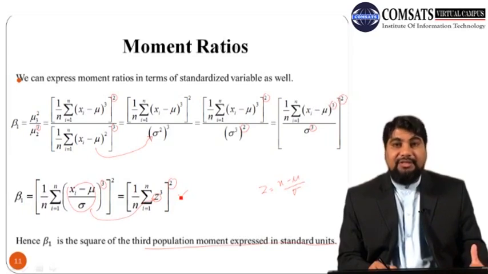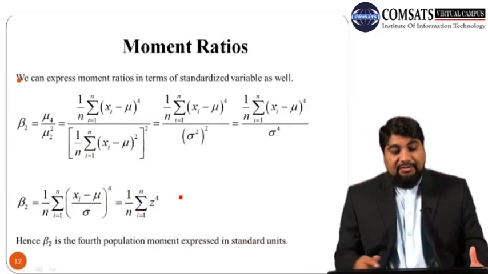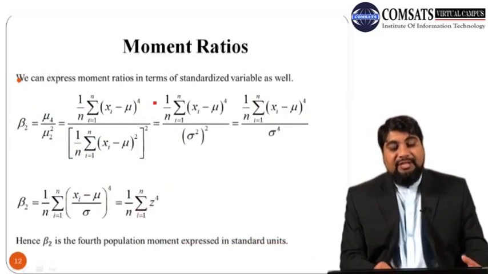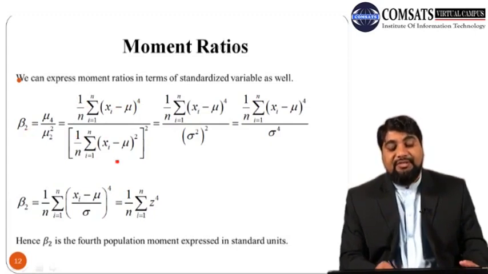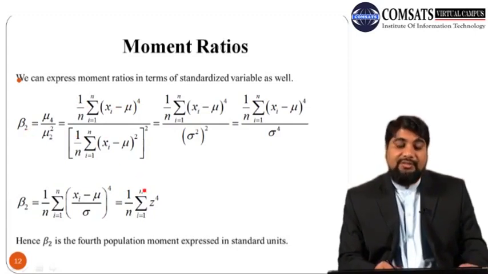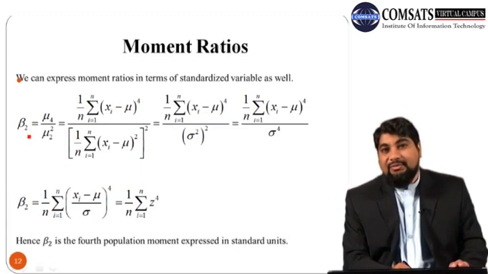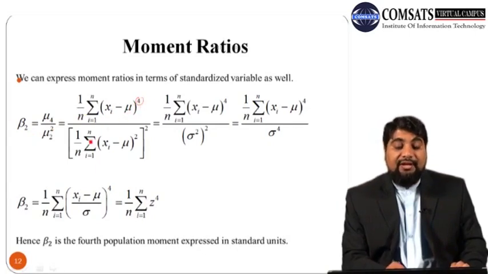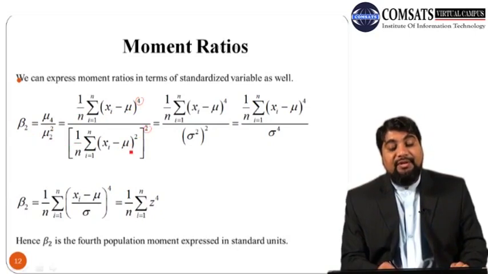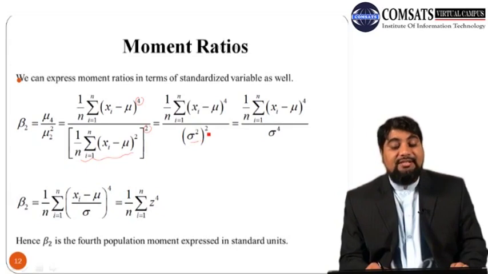So this is one very important result. Similarly, we can express the second moment ratio in terms of the standardized variable as well. So note that the second moment ratio is mu4 over mu2 square. So mu4 is the fourth population moment, and here we have the second population moment and whole square. And again this expression is the variance, sigma square whole square, as it is.